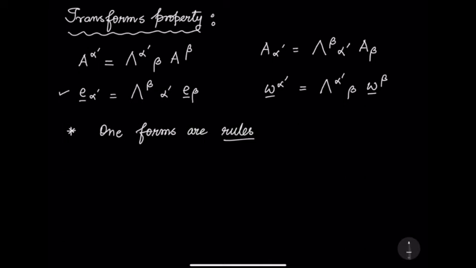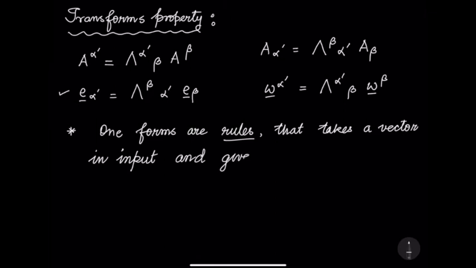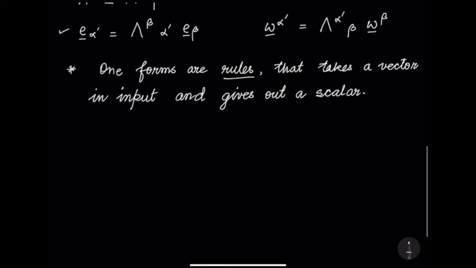And so the metric that we are talking about, and the one forms that we have talked about, take a vector as input and give out a scalar. Right? So that is what is called a one form.